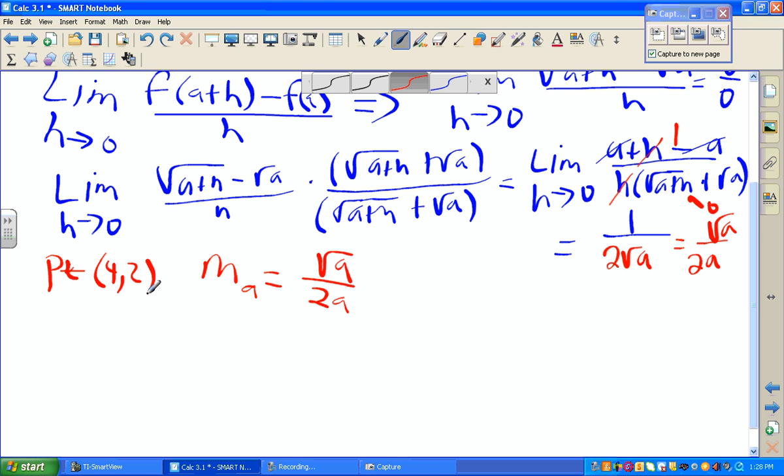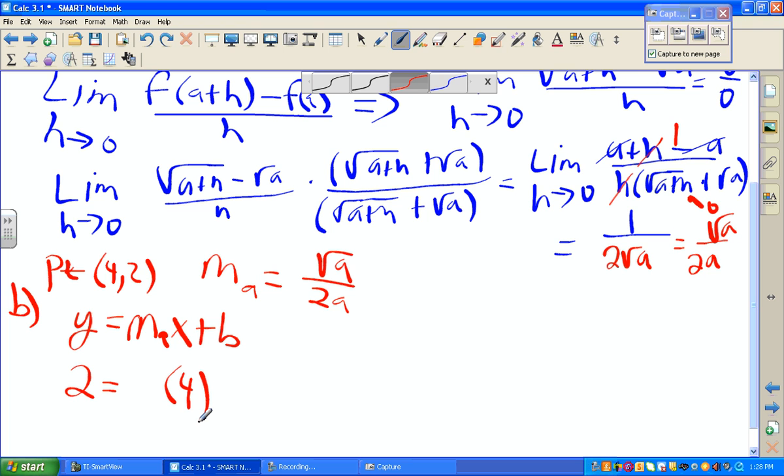You need to answer the equation for part B. Y equals mx plus b. I know the y value is 2. I know the x value is 4. The slope of the tangent line, well, if you put in 4, don't you end up with a quarter? 2 times 2 is 4, right?